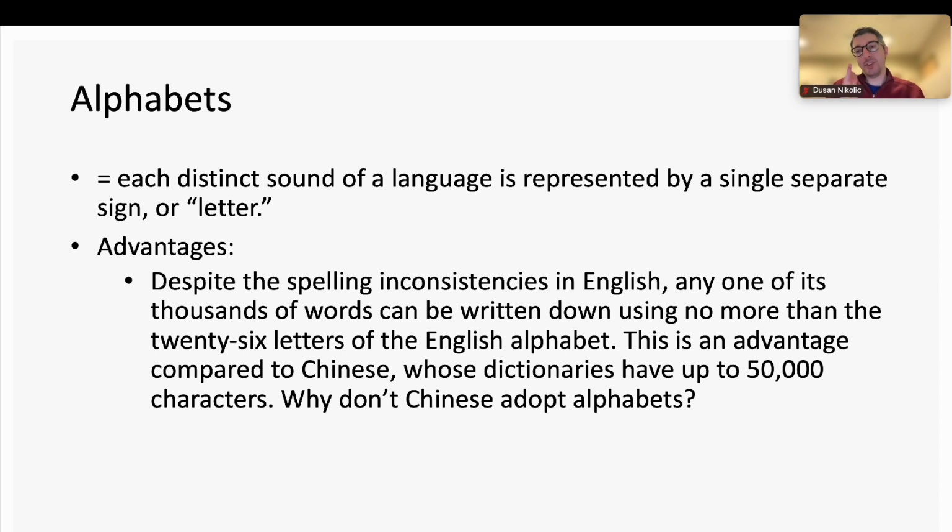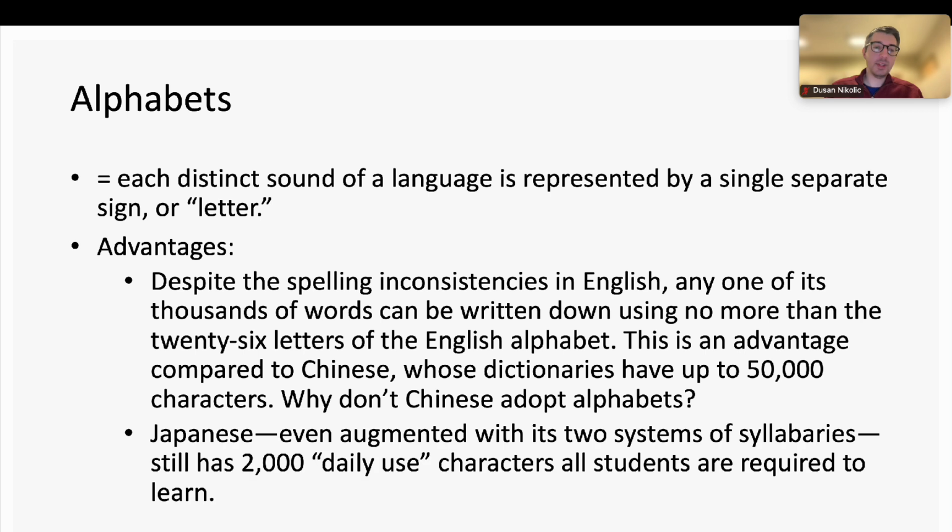That's a very different and more complex question, but in essence, because of the dialects, which are not mutually understandable. In short, Japanese systems are also disadvantaged in this way because they are still using a lot of characters, and students are required to learn all of them. It's very, very difficult.